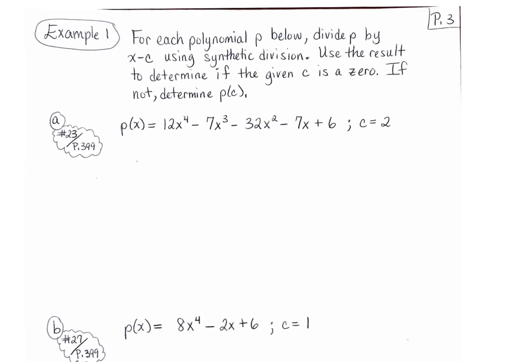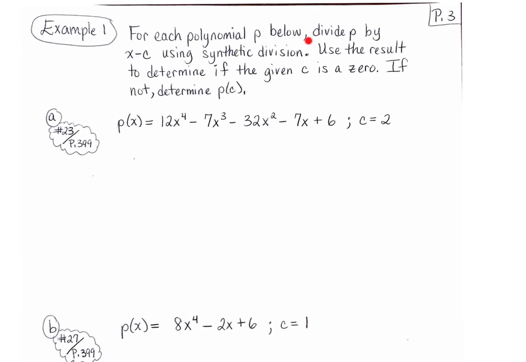For each polynomial p below, divide p by x minus c using synthetic division. Use the result to determine if the given c is a 0. If not, determine p of c. So in other words, determine the remainder. In part A, p of x is equal to 12x to the 4th minus 7x cubed minus 32x squared minus 7x plus 6, and c is equal to 2.